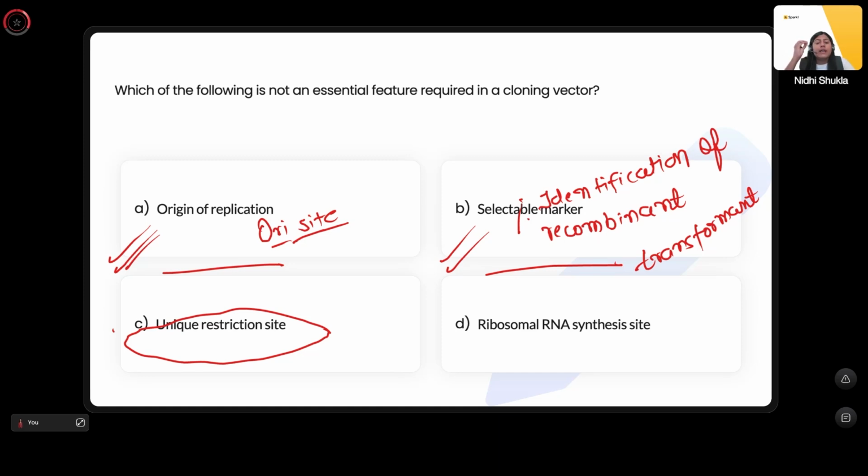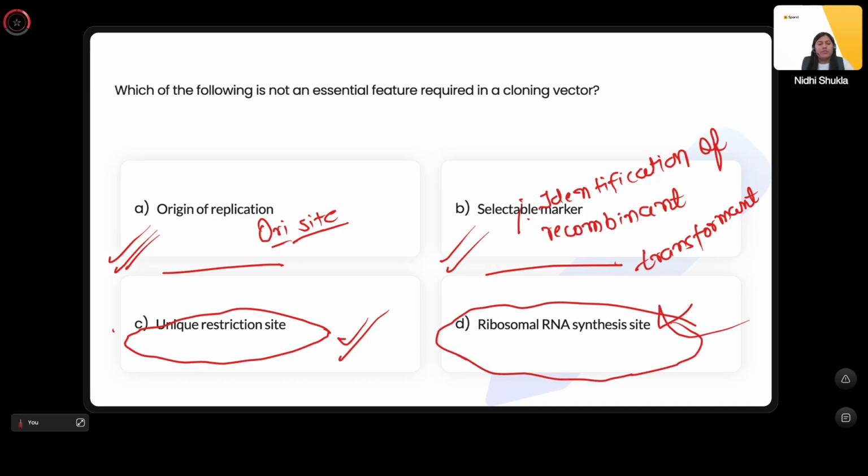It means that there must be a palindromic or restriction site for your selected restriction enzyme. So there must be a unique restriction site for each restriction enzyme, and this is also necessary. Then ribosomal RNA synthesis site. This we do not require.